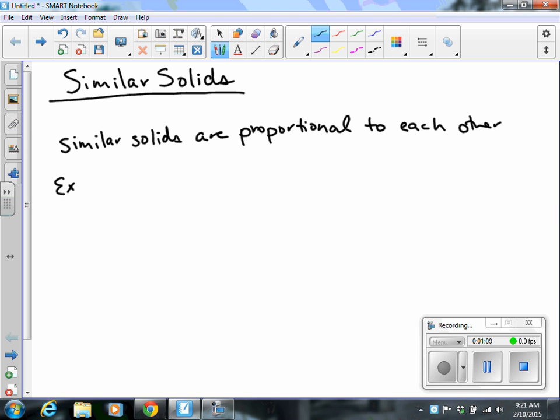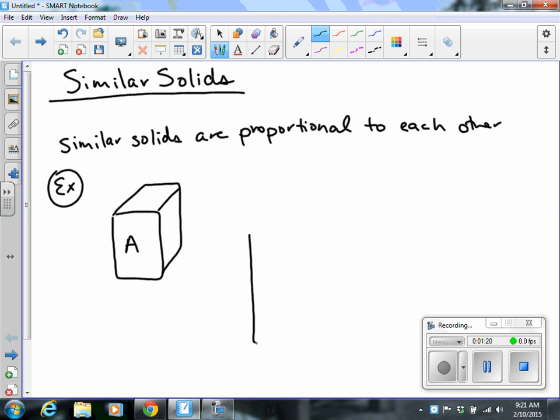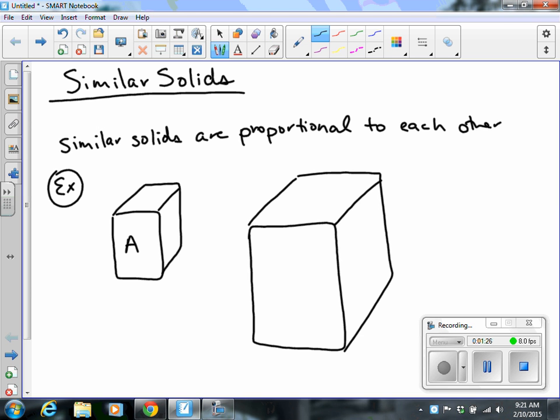So let's look at this. We're going to draw two prisms, and I'm going to give you some lengths based on these prisms.